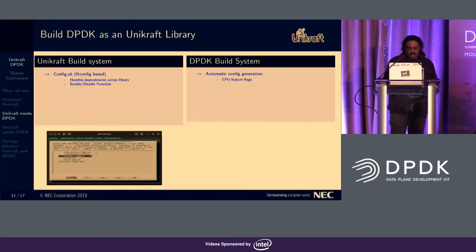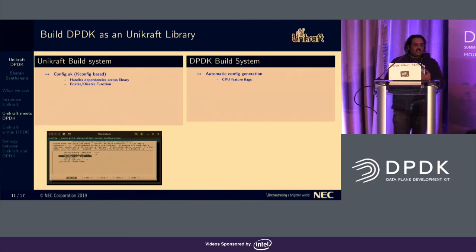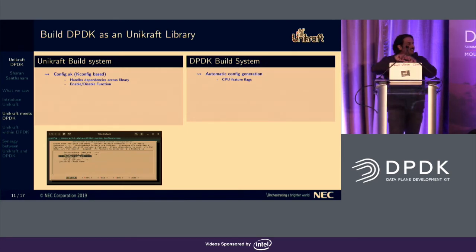To address the first challenge, we had a kconfig-based system, which comes from the Linux kernel. You might all be familiar with it, where you have a way to establish dependencies and relationships between the different libraries using, for example, depends on and select within the kconfig system. Whereas DPDK had a set of default configs where you pick and configure your application.